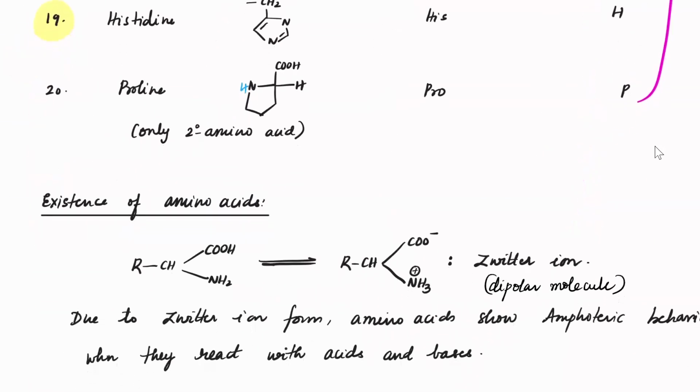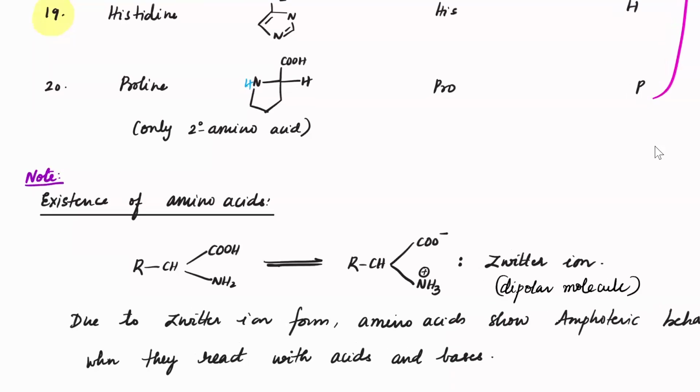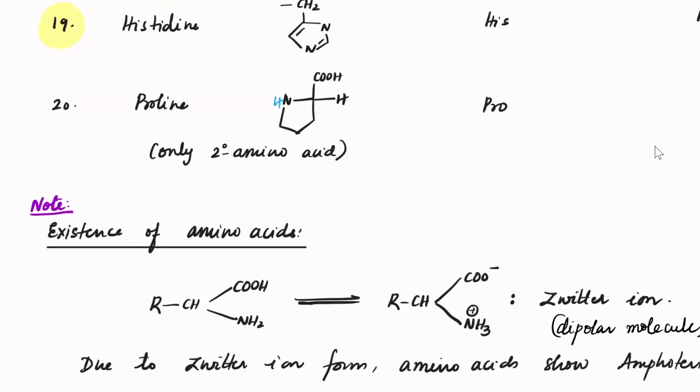I'll just put a note here. If you could just remember one part of it, like the essential ones, you can name them, and the rest of them are non-essential. So remember it like this: HIS, LEU leucine, ILE isoleucine, LYS that is lysine, MET methionine, PHE phenylalanine, THR threonine, TRP tryptophan, valine, and arginine.